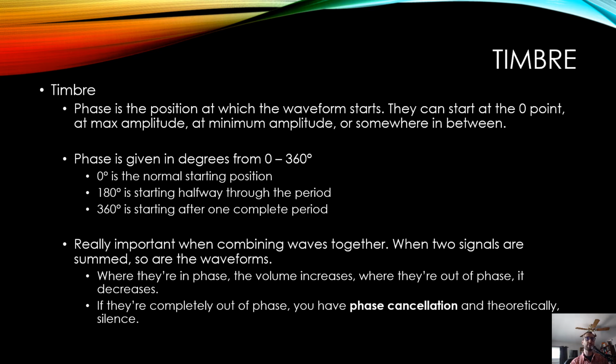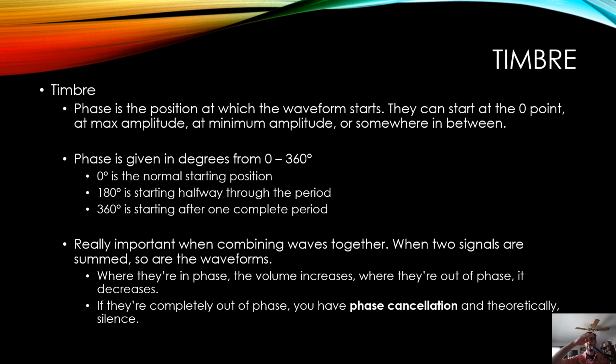It's also really important when combining waves together, because waveforms, when you hear them together, are summed. So what happens is when they're in phase, and you have an ascending phase on one and an ascending phase on the other, the volume increases. But where they're out of phase, it will result in a decrease.